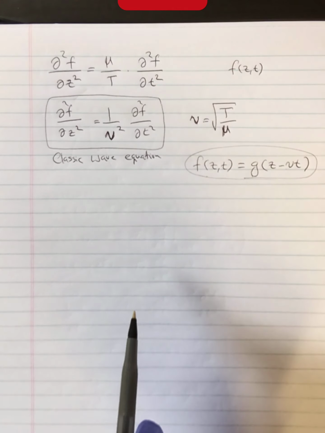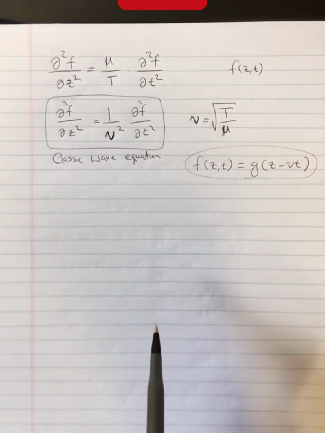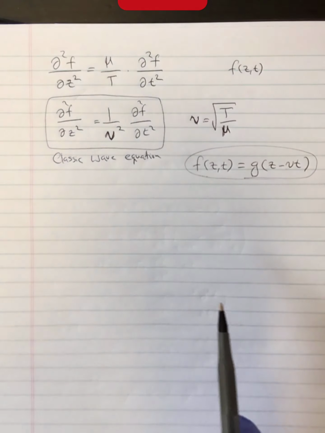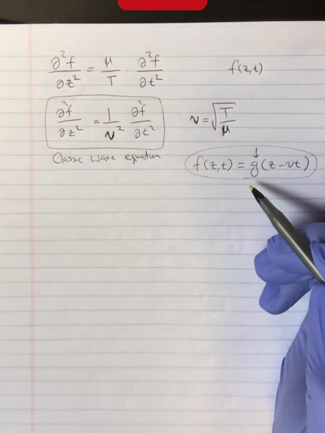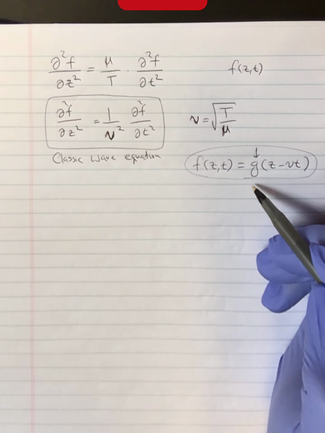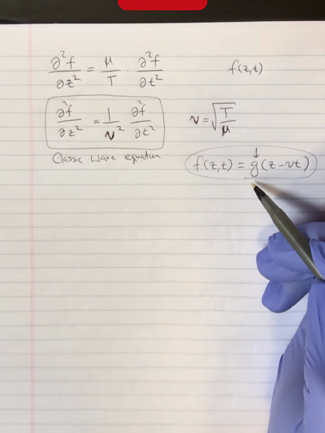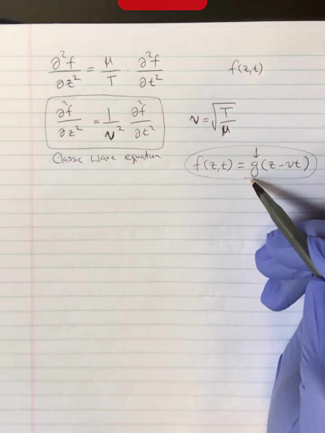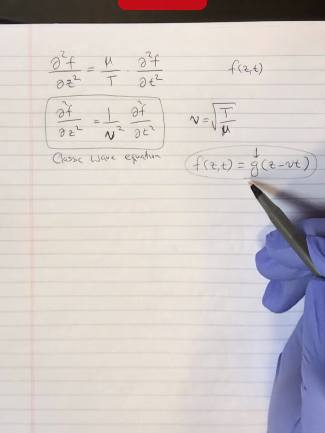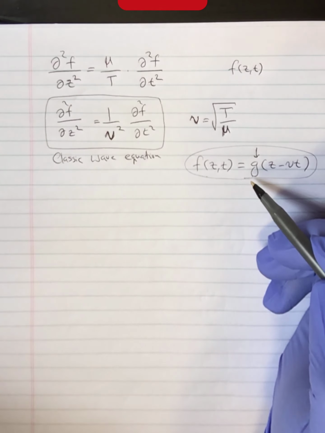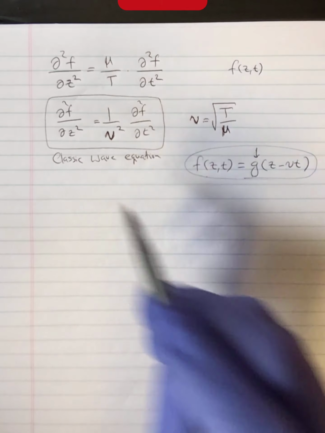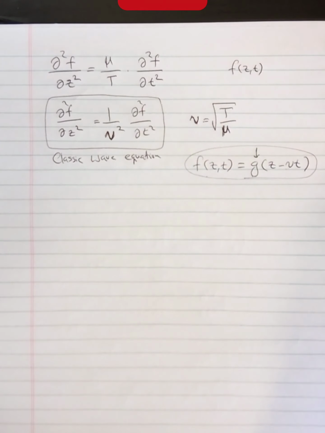And here the interesting point is that I'm not making any specific assumption on what the g, the shape of the wave, is. There is no assumption except that it's a function that you can take the derivative of. It's a well-behaved function, okay. And I'm going to do that in a minute by looking at these derivatives and see what happens next.